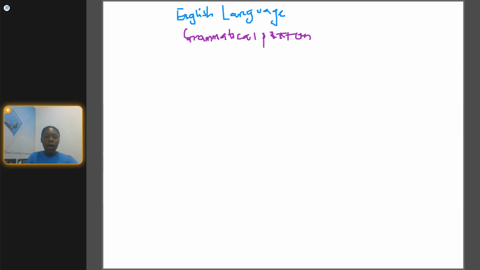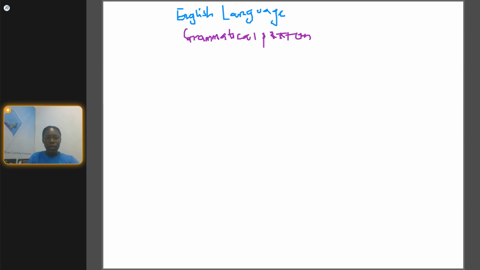In one of our previous classes, we did something related to subject verb. So by now you should be familiar with what we mean by the subject verb. Now the first thing we want to consider is what agreement means.